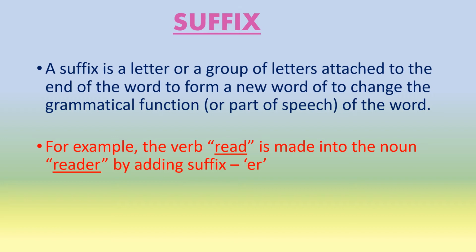With this example, please check the definition again. When we add a letter or group of letters at the end of the word, here in this example, read is a word. At the end of this word, read, we are adding er.